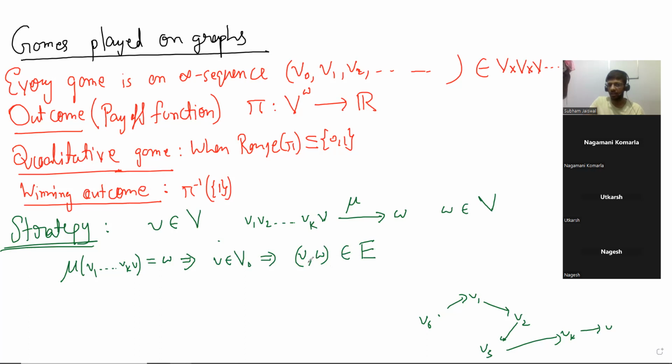You can't just take any vertex, so in that sense it's not an arbitrary permutation. The whole point is that v comma w has to be an edge in the graph.